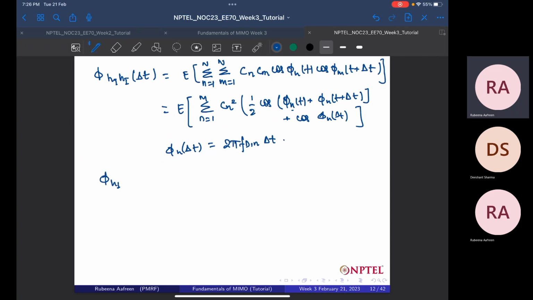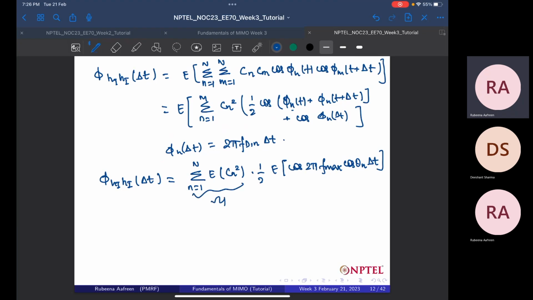So all in all, this term would equal summation of n equal to 1 to n, expectation of c n square into half of expectation of cos 2 pi f max cos theta and delta t, including the Doppler effect.